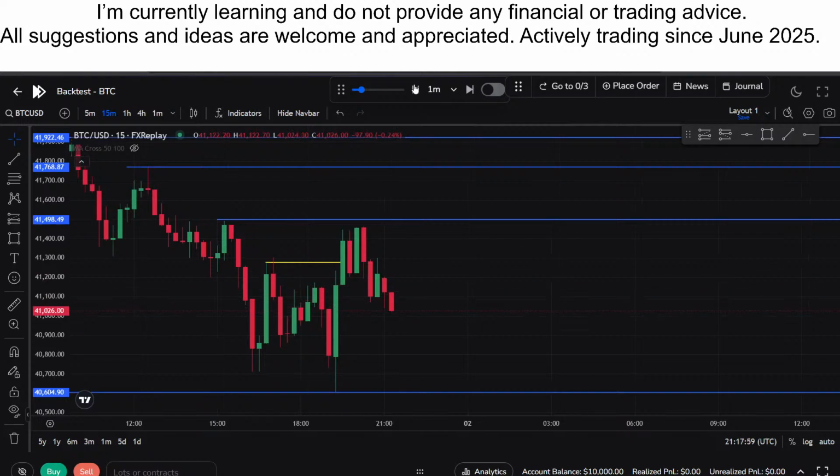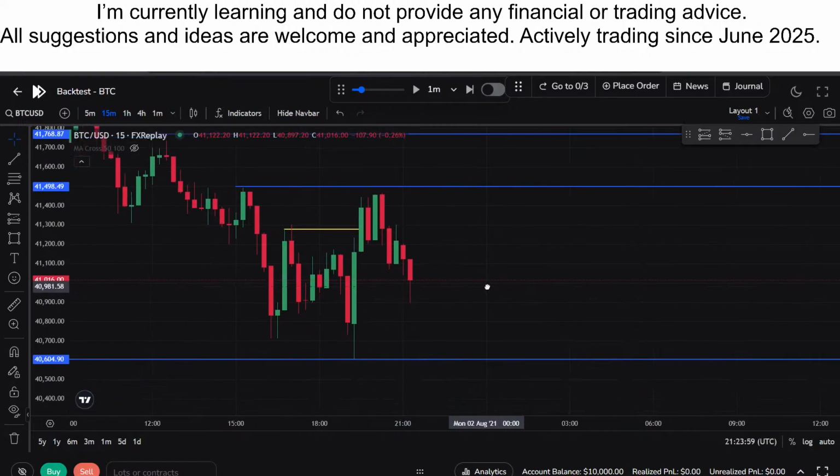Here we still have a downtrend. This one is the low, and again this one is the high. It didn't break this point, and maybe we will form another new low.